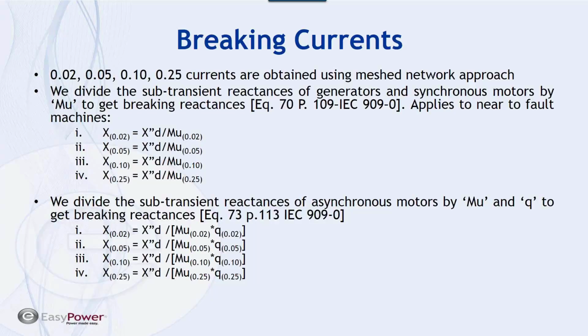So for 20 millisecond, 50 millisecond, 100 millisecond, 250, I modify and adjust the impedance values based on IEC recommendations, and they go up as time progresses. And mu and q, they come from equation 73, page 113, IEC 909, for details.